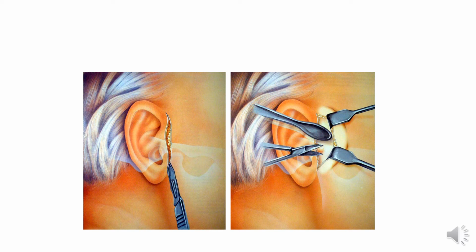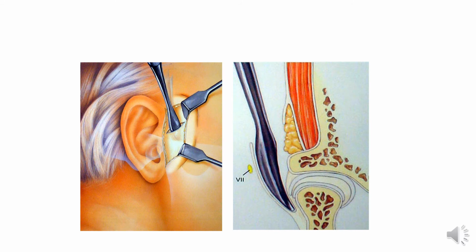Once you see the fascia, then a horizontal incision is placed, taking the facial nerve into the flap. You can see clearly now. Earlier we saw the normal picture.